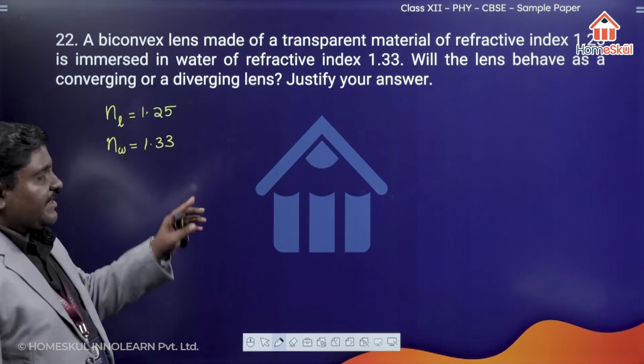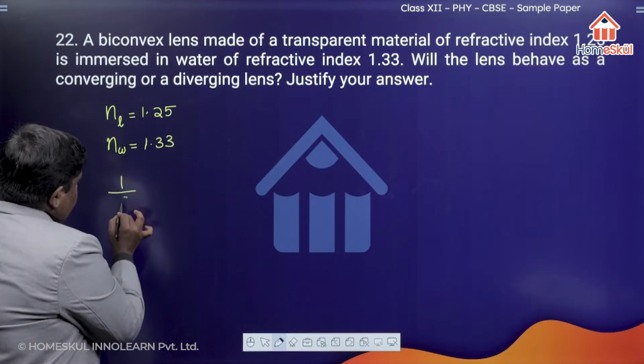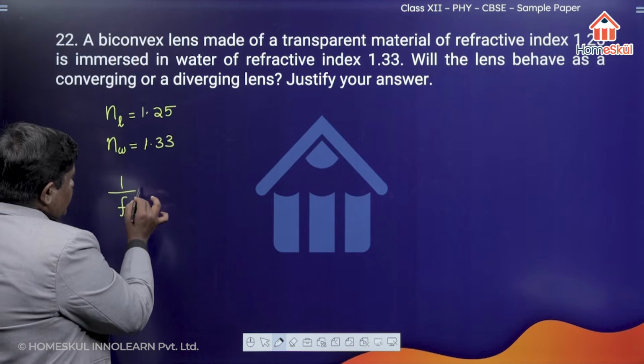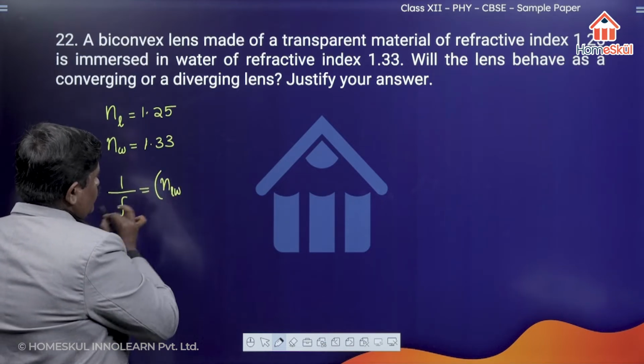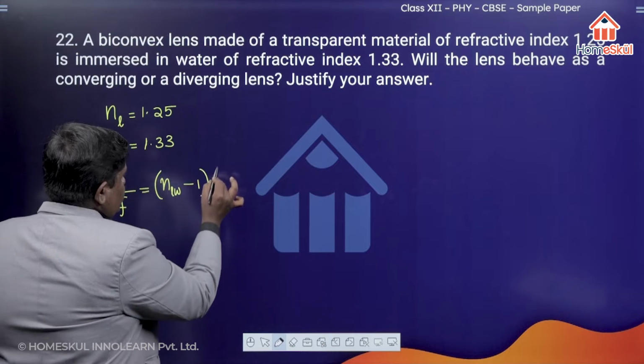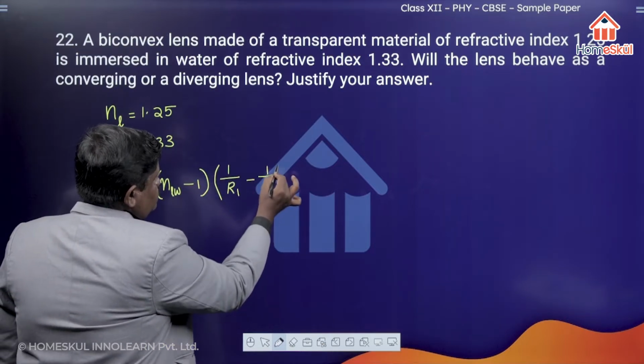Justify your answer. So we have to write the lens maker's formula, that is 1 by f equal to (NLW minus 1) into (1 by R1 minus 1 by R2).